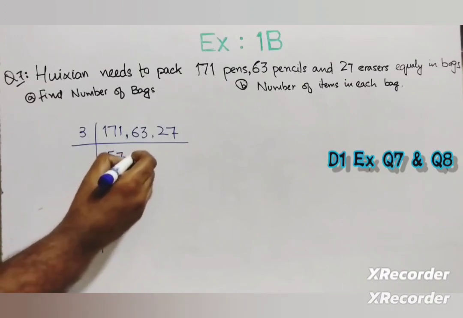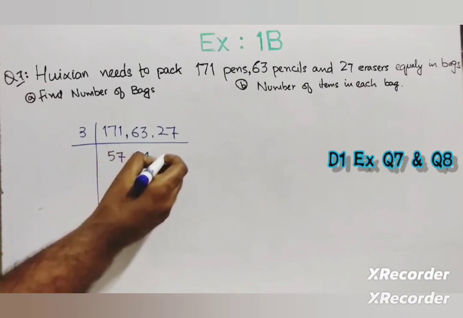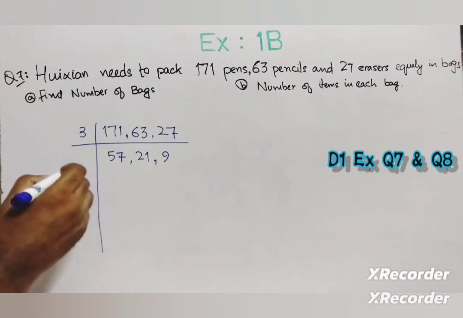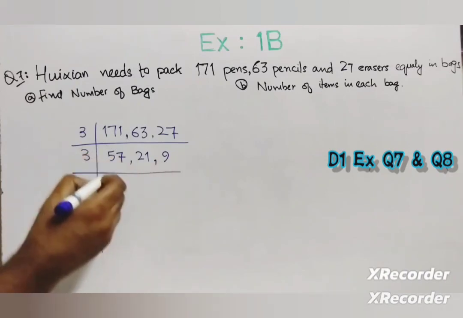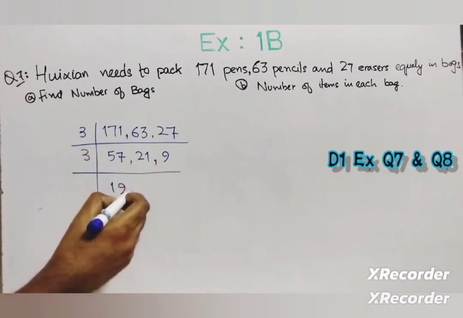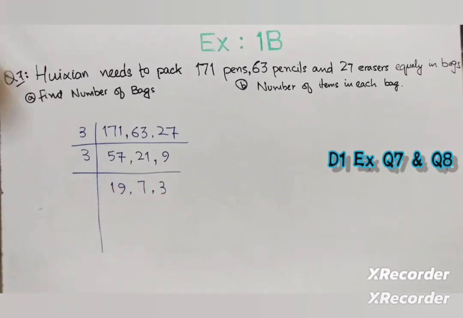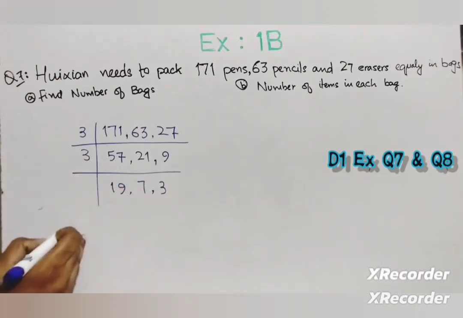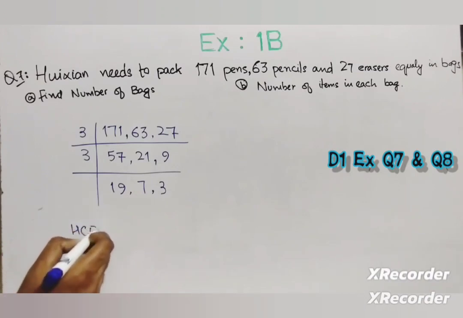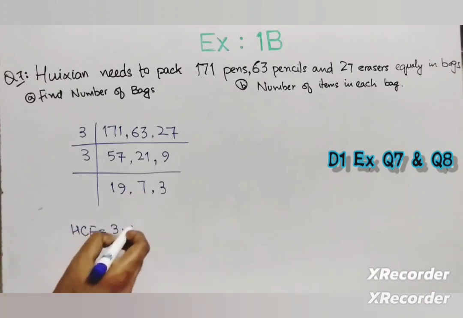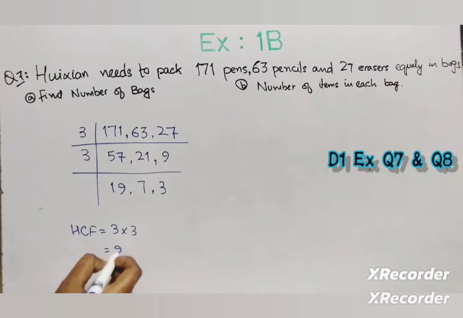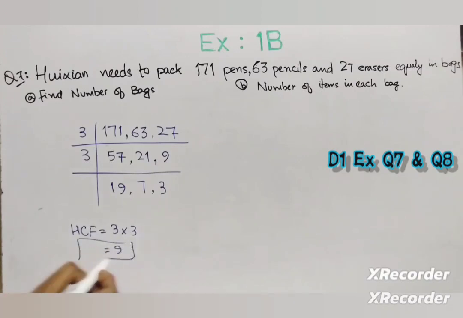Dividing by 3 we get 57, 21, 9. Again by 3 we get 19, 7 and 3. So the HCF is 3 into 3, that is 9. So he can pack 9 bags. This is our first answer.